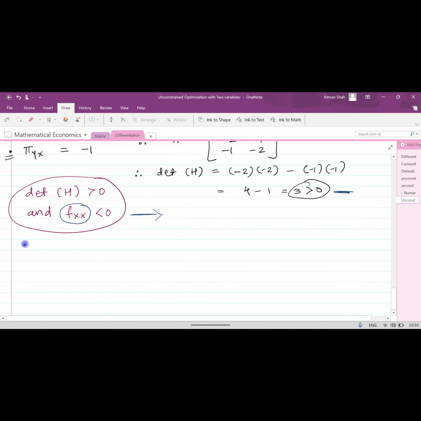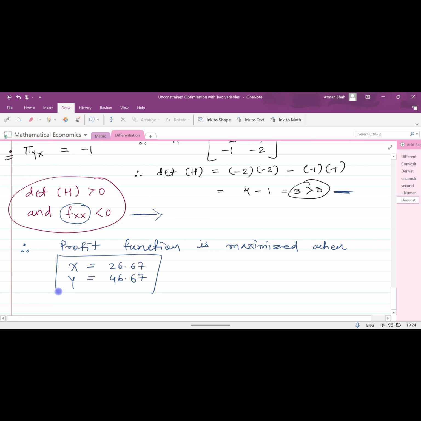So we can write, therefore, the profit function is maximized when x is equal to 26.67 and y is equal to 46.67.